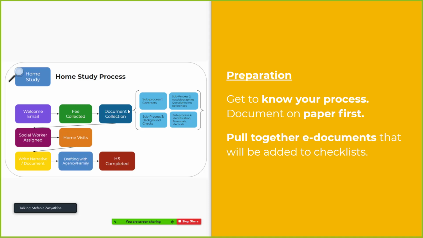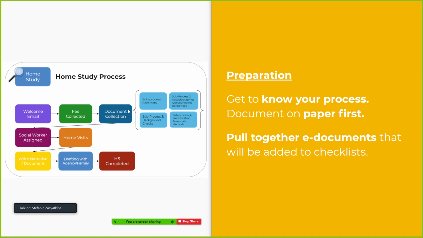So putting it on paper, and of course, why would I go to paper? I really don't recommend that. I recommend that you put it into an electronic format, because then when you're ready to get into Sam, you don't have to type it all out again. You can copy and paste. The other thing that is important for preparation is pulling all your e-documents together.